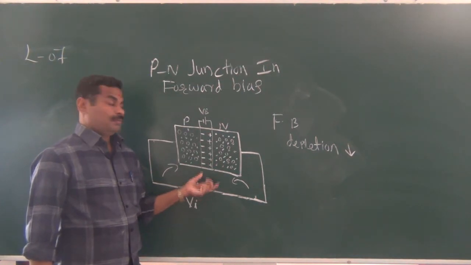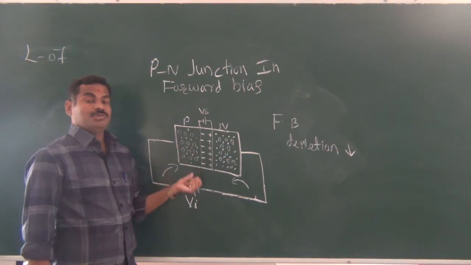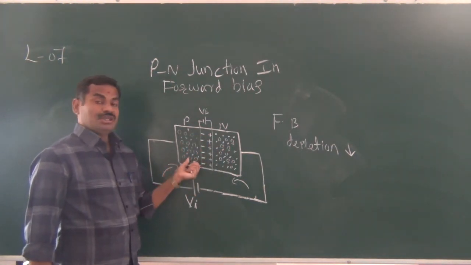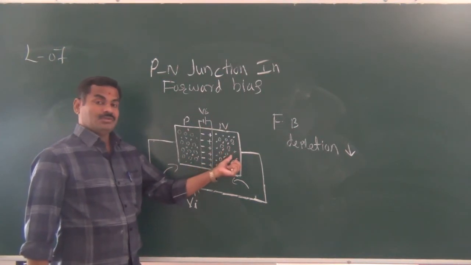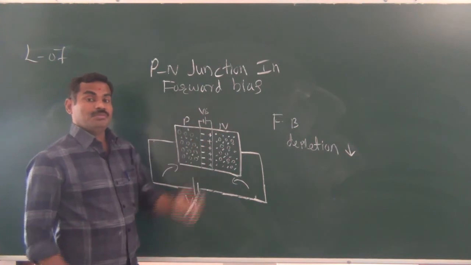Important thing, keep it in mind: in the forward bias, the current is because of majority carriers. Because as I said, here electrons are majority carriers, and here holes are majority carriers. It means here electrons are moving, the holes are moving. It means in the forward bias, the current is because of majority carriers.